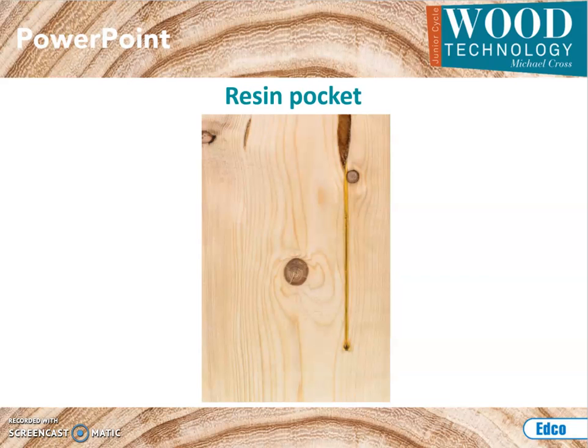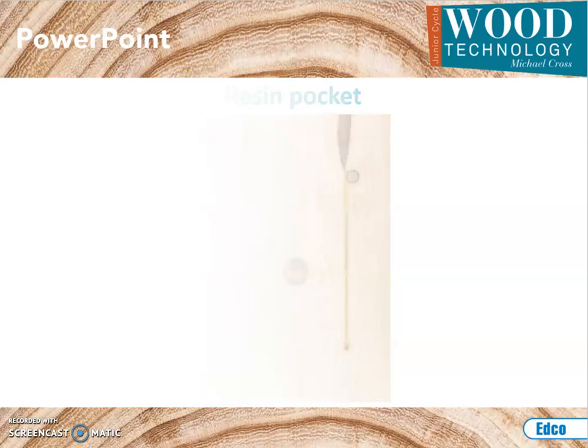So it's basically a part of the timber that is full of sap. If you were making, say, a tabletop, it would look very unsightly and be sticky as well. So you want to try to avoid resin pockets as it's just a bad finish. So that's your next point to take down, a resin pocket.